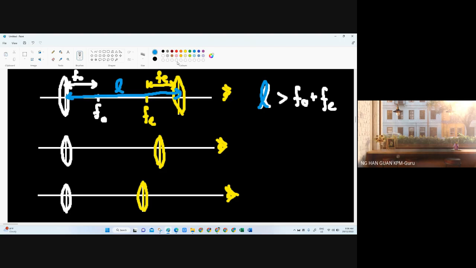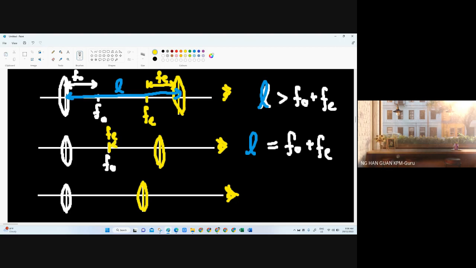The next one, if the length between the lenses is equal to FO plus FE, how does it look? It means our FO and FE are sharing the same position.